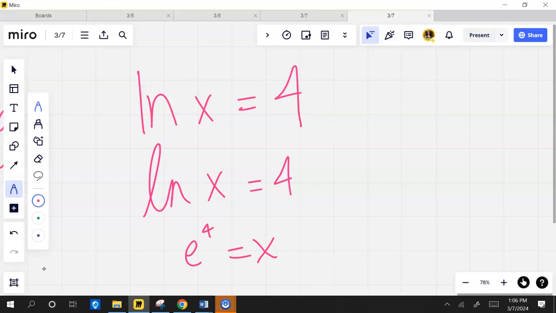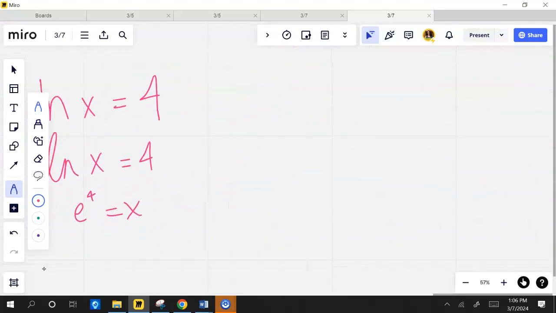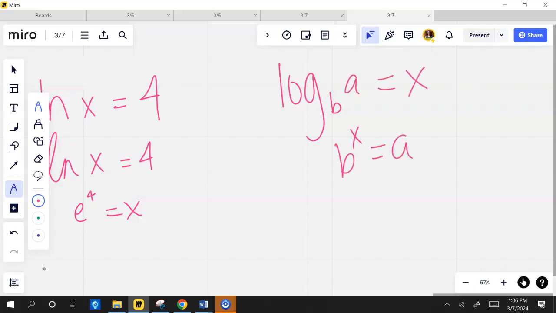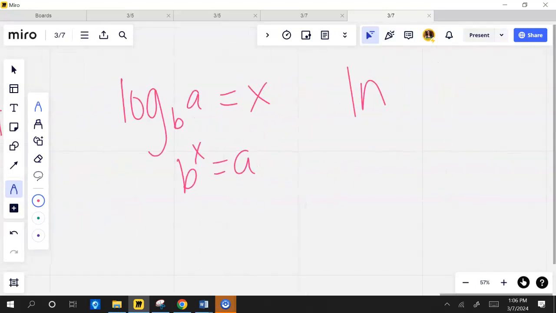Listen, don't overcomplicate this. That's still exponential form. Log base b of a equals x means that b to the x equals a. You're just moving those numbers that are in that spot. It doesn't matter if it's natural log. That's e to the x equals a.